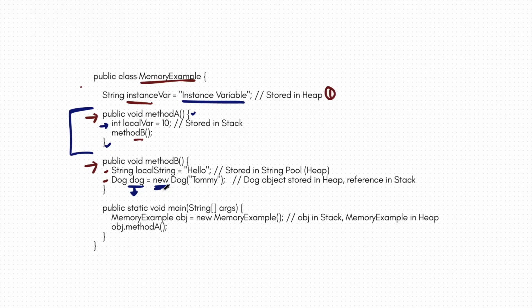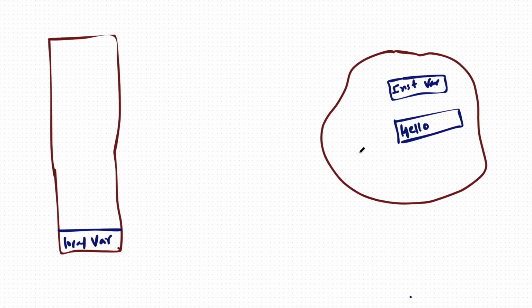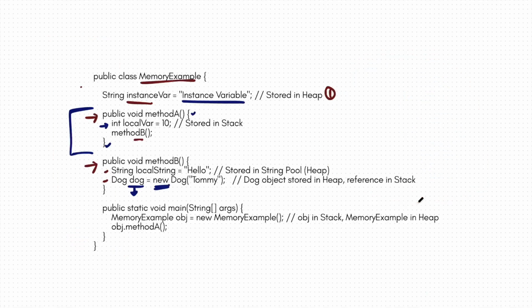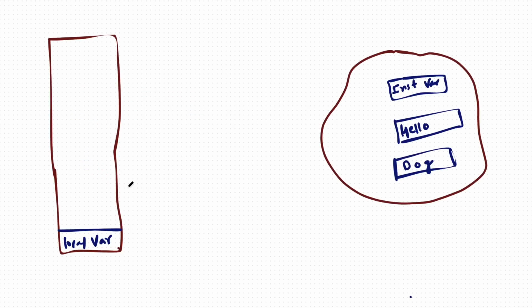As soon as we create a new object, it will be created over here, the capital Dog. But this small letter dog, which is just a variable referencing the object, is part of the method B scope, so it will be stored over here.